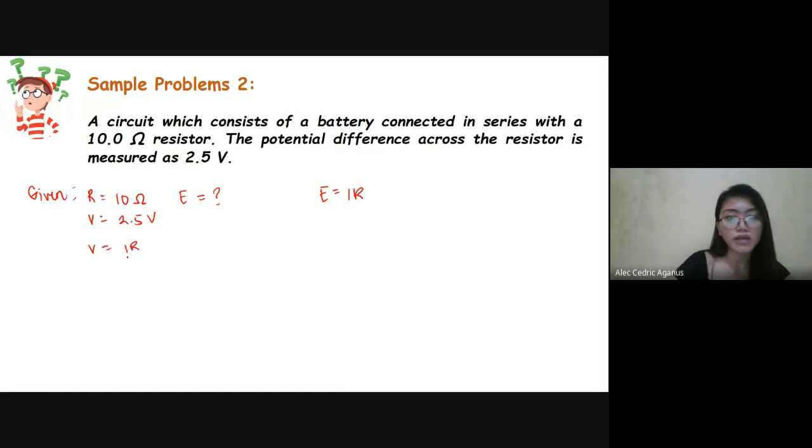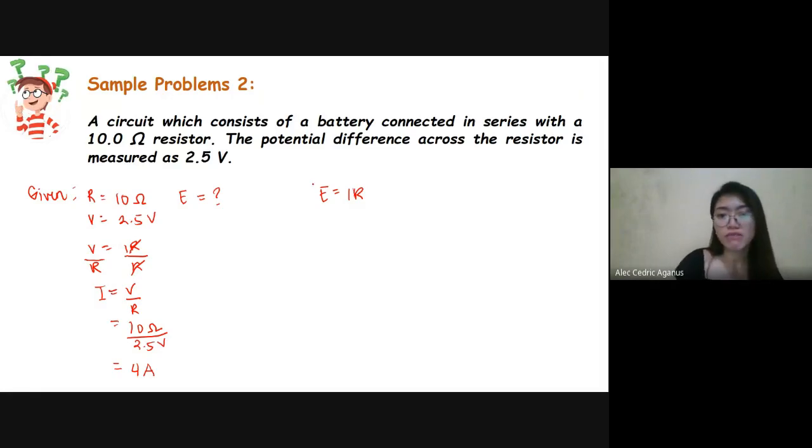Divide both sides by R. Therefore, we have I is equal to V over R. So that's 10 ohms divided by 2.5 volts. 10 divided by 2.5 is 4 amperes.